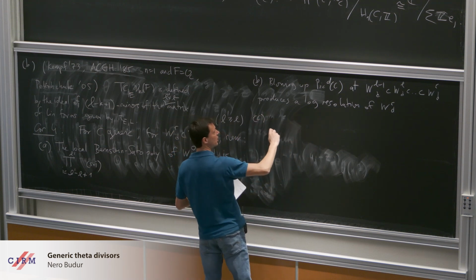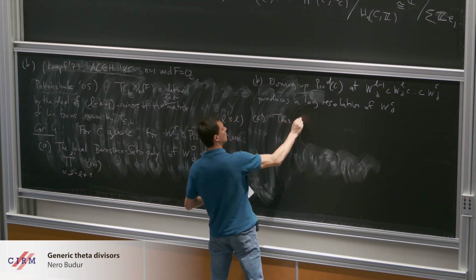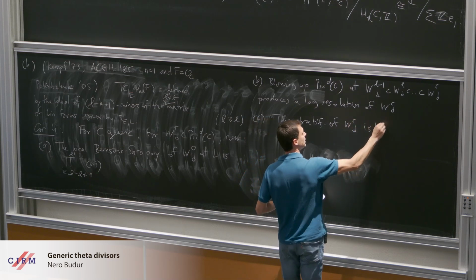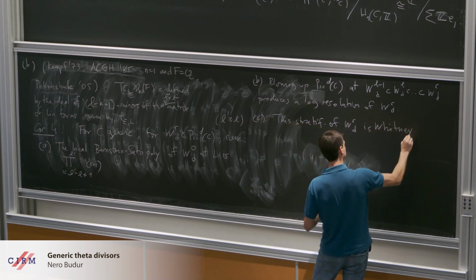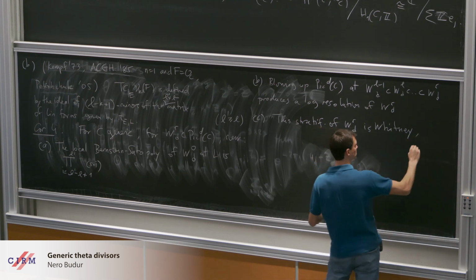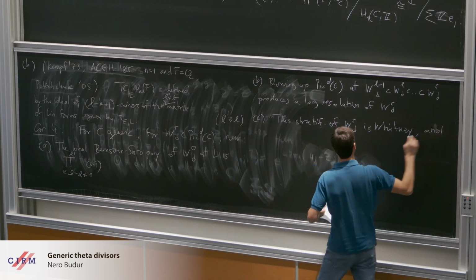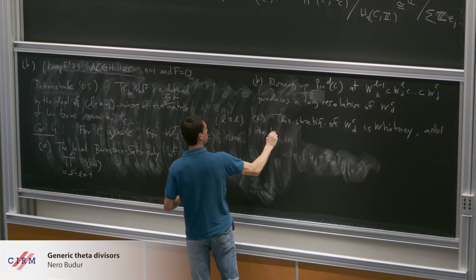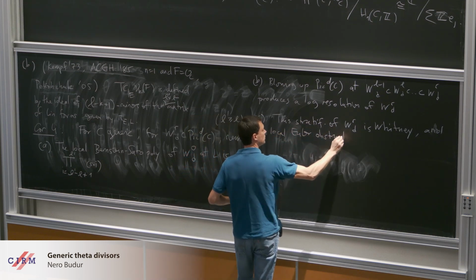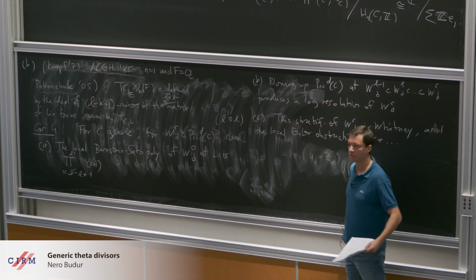This stratification of W^r_d, this stratification by deeper Brill-Noether loci, is Whitney. And moreover, we have explicit local Euler obstructions. I will not write the formulas anymore, but you can write them down.